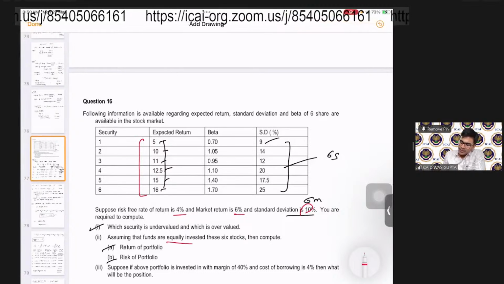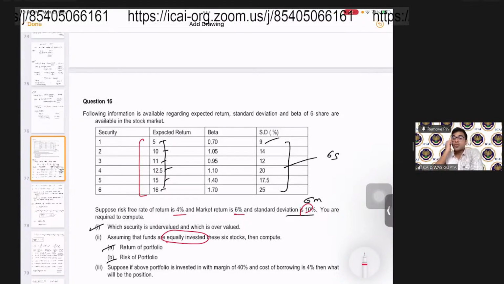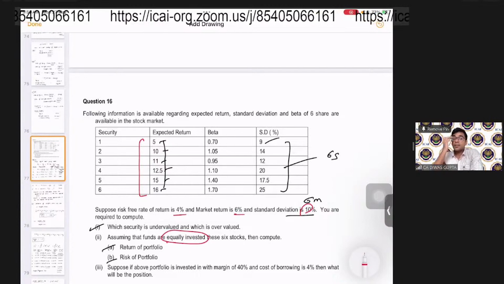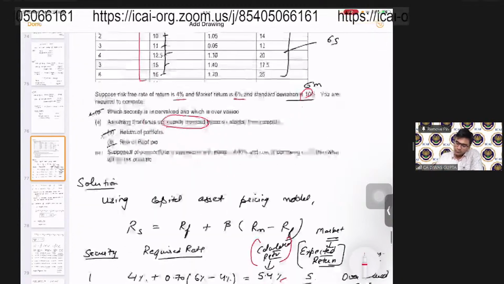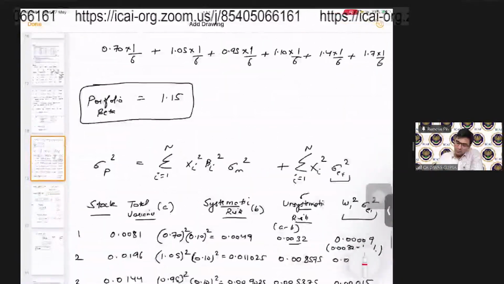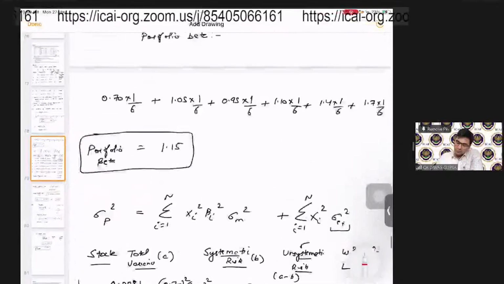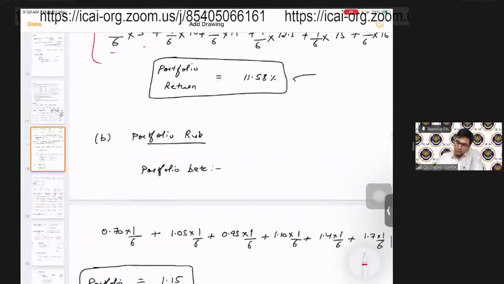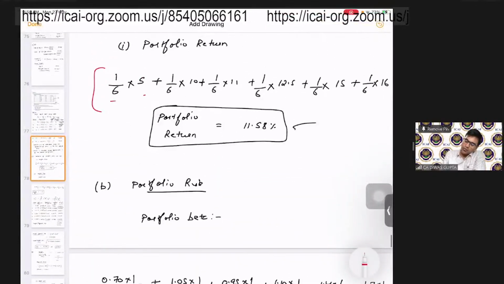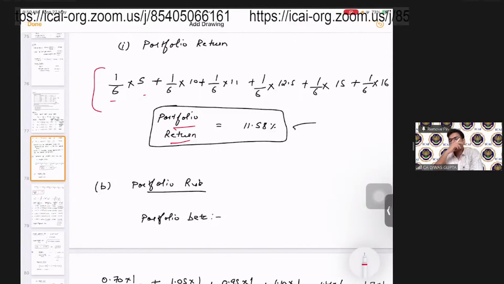It is mentioned here that we equally invested in these 6 stocks. Okay, so the portfolio return is this much.